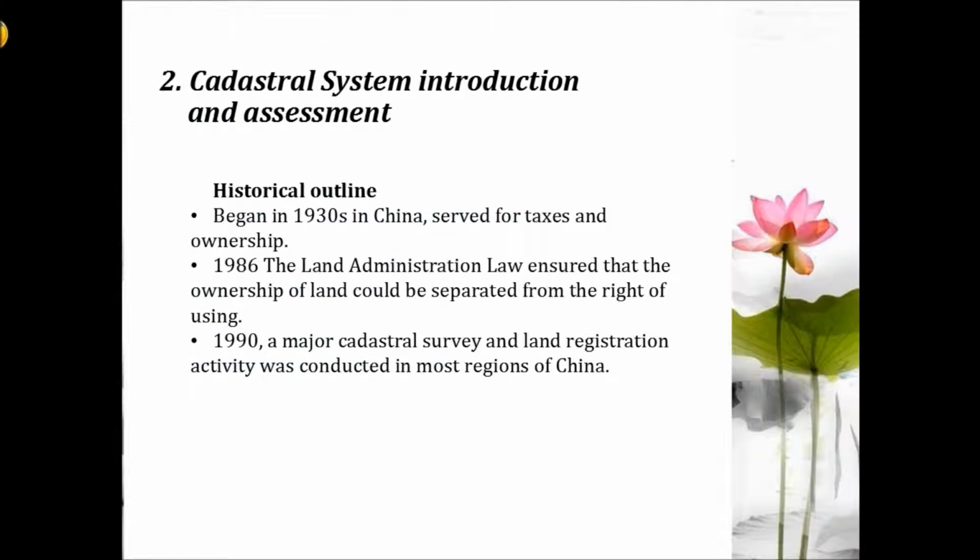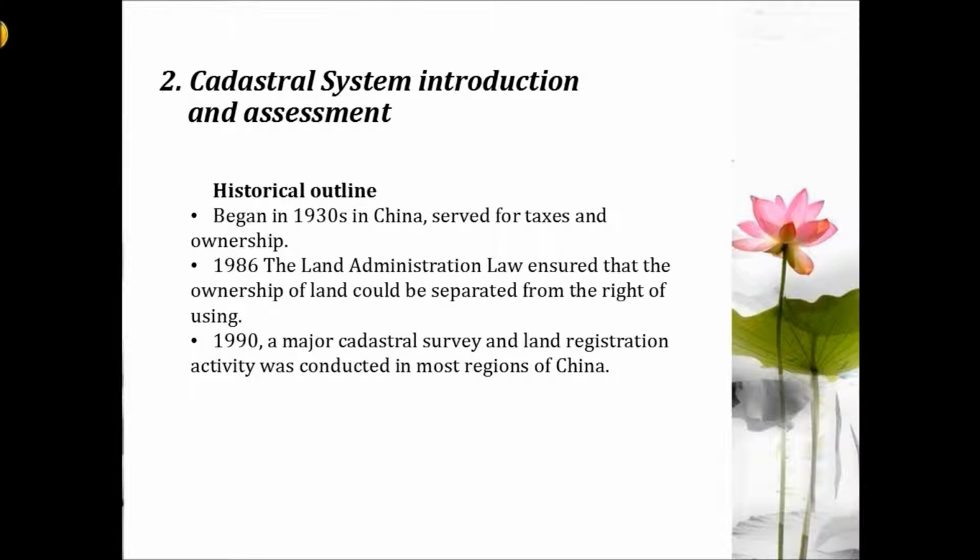Okay, let's review the historic outline of China's cadastral system. The modern cadastre began in 1913 in China, for taxes and ownership. And the first land administration law of China was issued in 1986.